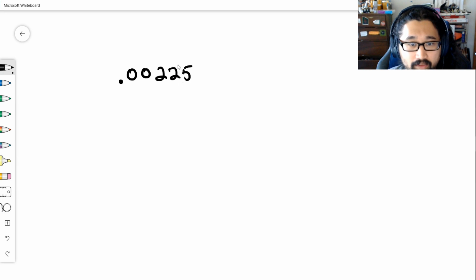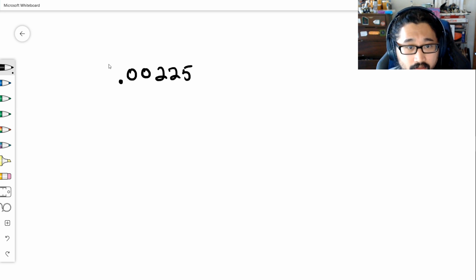So for this number, there is a decimal point present. Taking attendance, it's present. So we start counting on the left side. You don't need to start counting from the decimal place, just start counting from the left side.